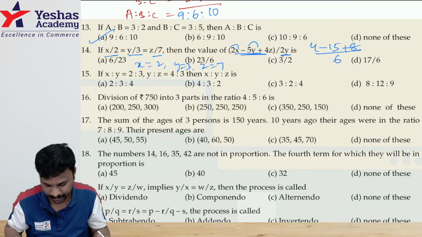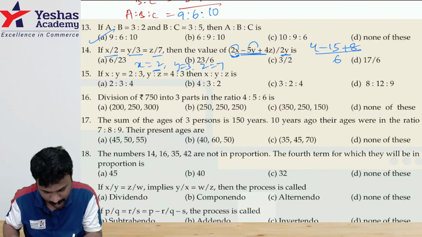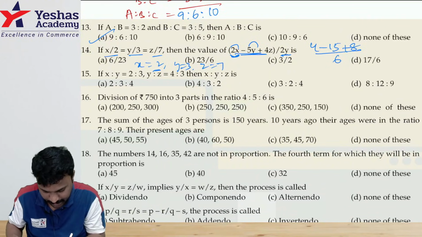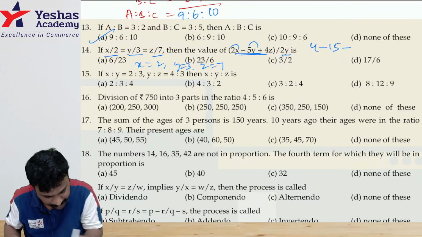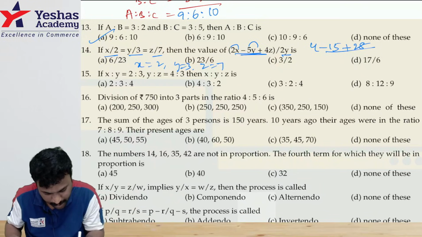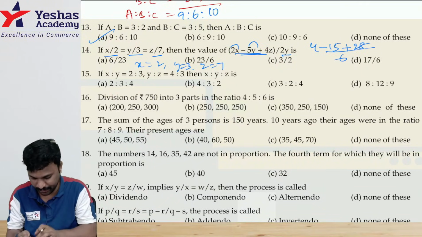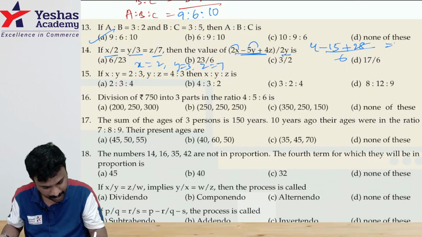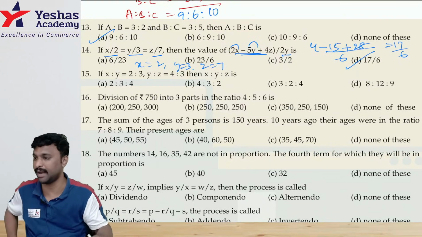So what is the answer for this? Guys, first of all, x value is 2, 2 2s are 4. Y value is 3, 5 3s are 15 and z value is 7. Sorry, my bad, 4 7s are 28. So 4 minus 15 plus 28, that is 17. Denominator is 6. So 17 by 6, which option is correct? Option D is the right answer.